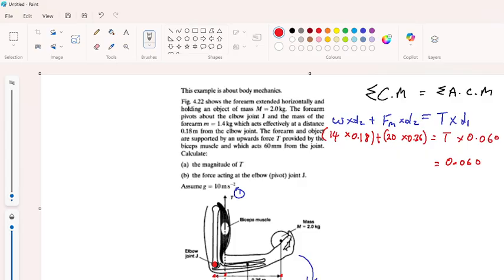So we're going to multiply this. So it's going to be 7.2, and 2 point something. Oh, I forgot T. So it's going to be 9.7 to write it properly.